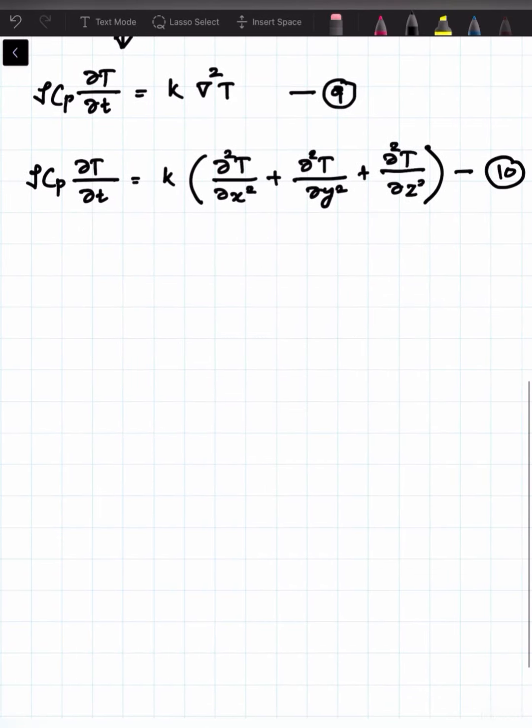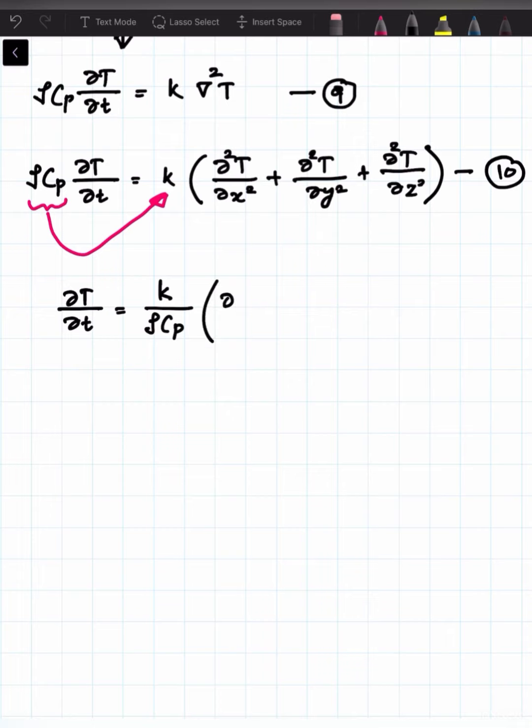Very interesting equation, very very important equation. Let us take the rho Cp from the left hand side to the right hand side, and equation number 10 becomes partial T partial t equals k divided by rho Cp multiplied by partial square T partial x square plus partial square T partial y square plus partial square T partial z square.